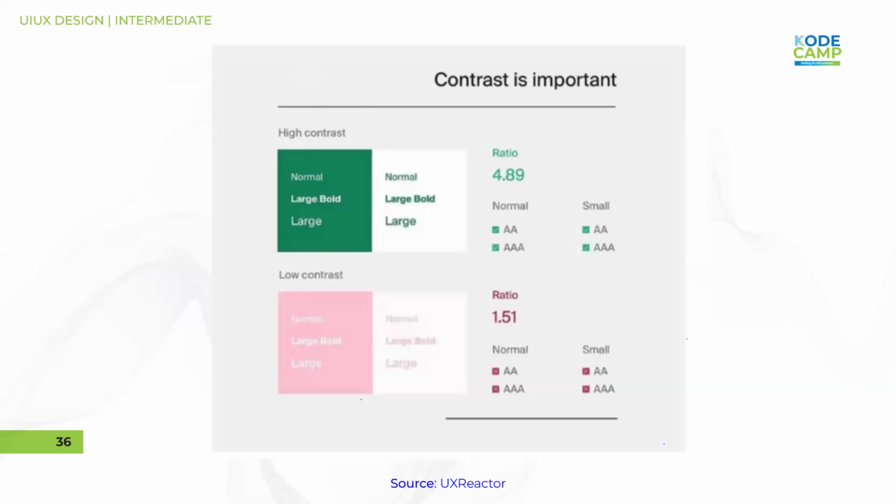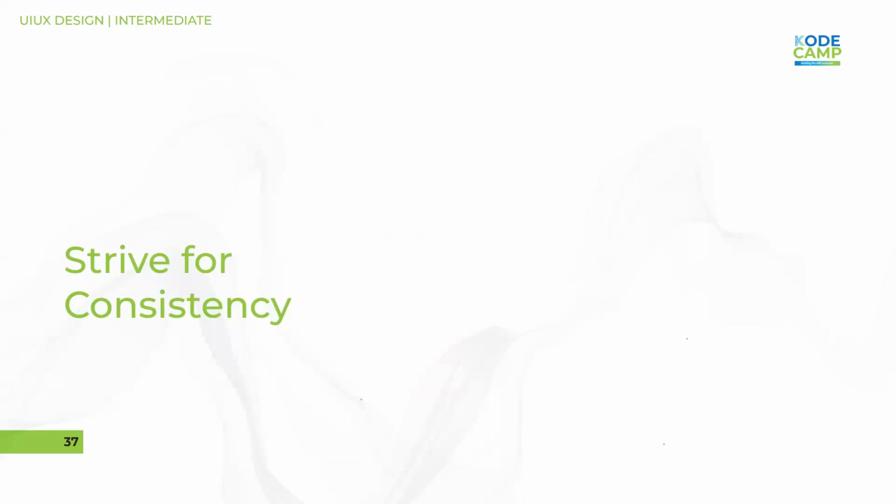But if you look at the image below, you can see that it has low contrast and the ratio is 1.51, where it has not passed, nothing has actually passed. All right. So anytime we are designing, we have to check for this particular color accessibility.